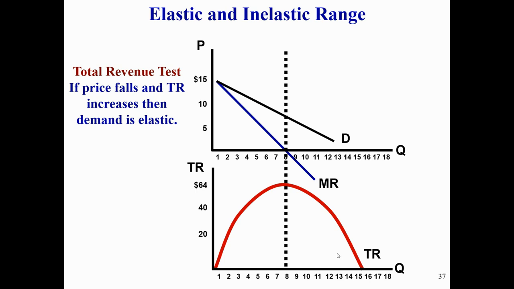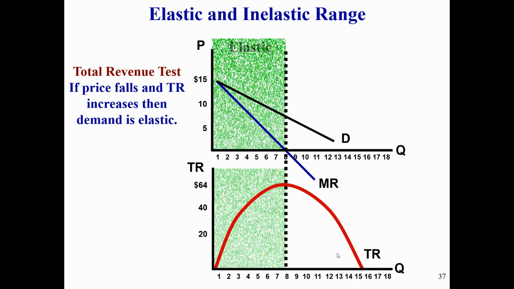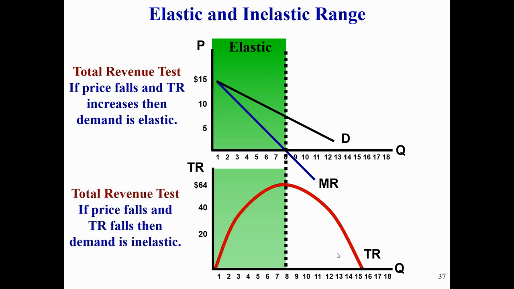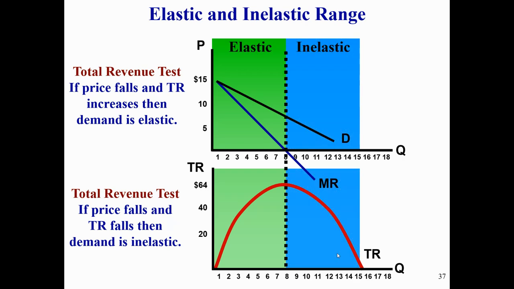My price falls, my total revenue increases, so the demand is elastic, which means it is this first part of my graph until the total revenue reaches its peak. Then, if price falls and the total revenue falls, then my demand is inelastic, which is the second part of my graph after the peak, or when the marginal revenue hits zero.